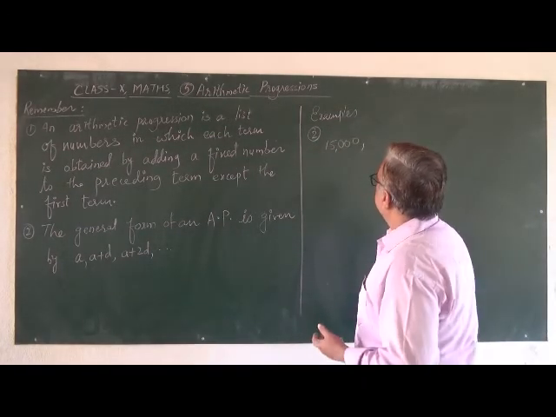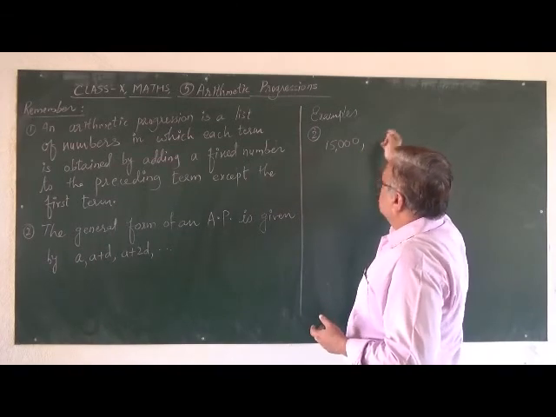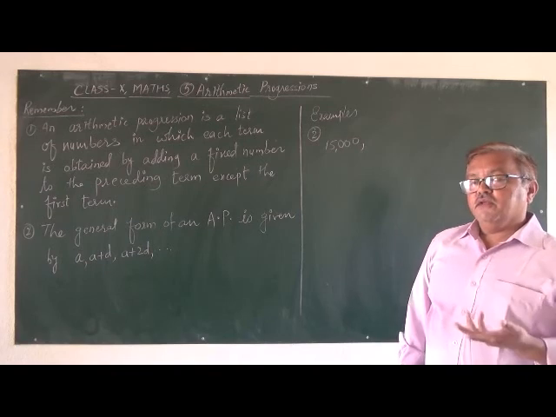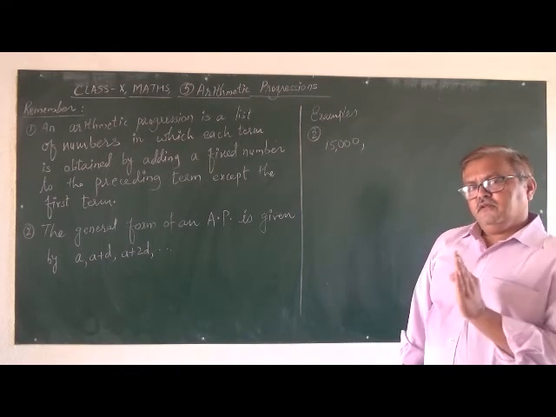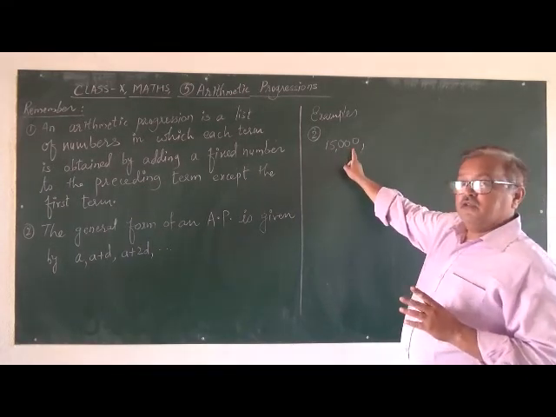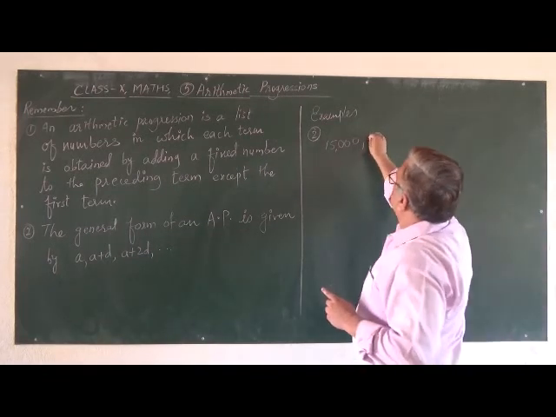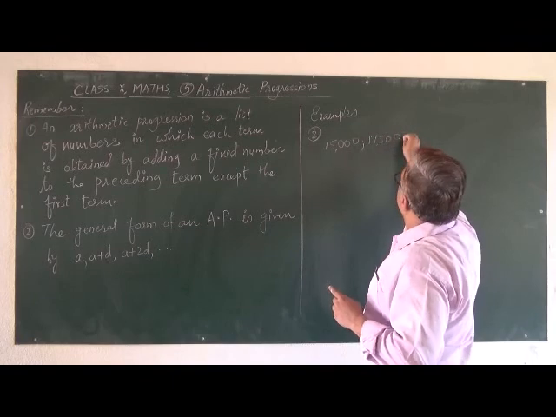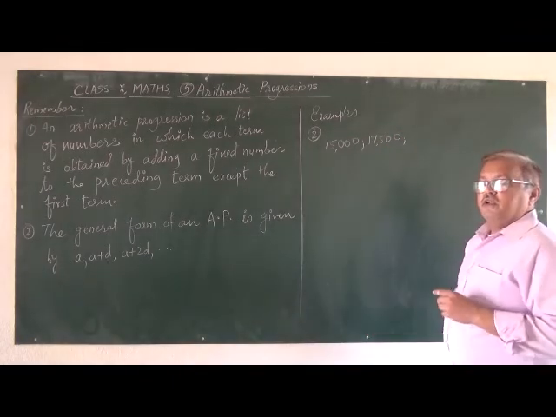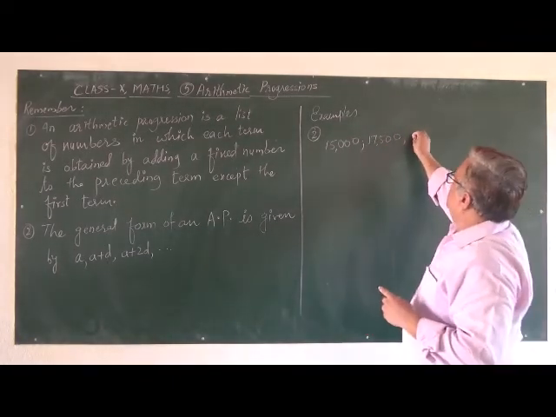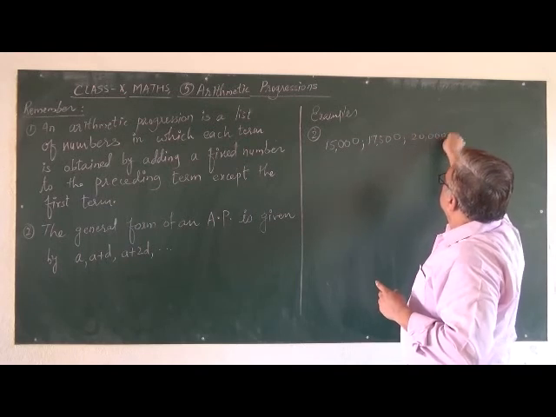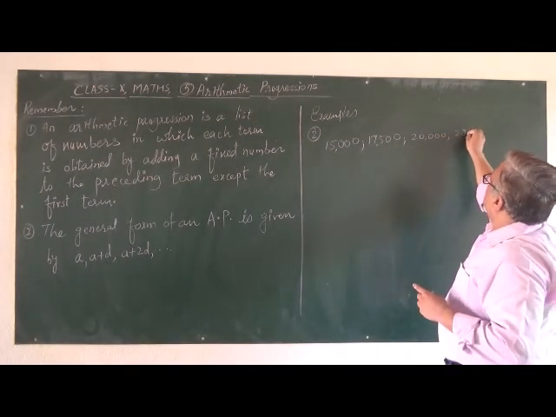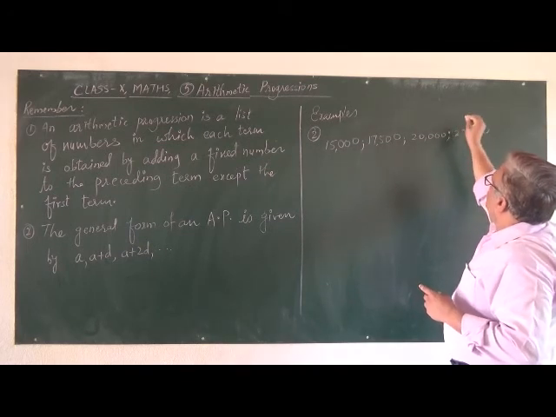This is the first term. Then what did they say? What should be the increment? 2.5 thousand every year. So 15,000 plus 2.5 thousand is 17,500. Then 17,500 plus 2.5 thousand will be 20,000. Then 20,000 plus 2.5 thousand is 22,500 and so on.